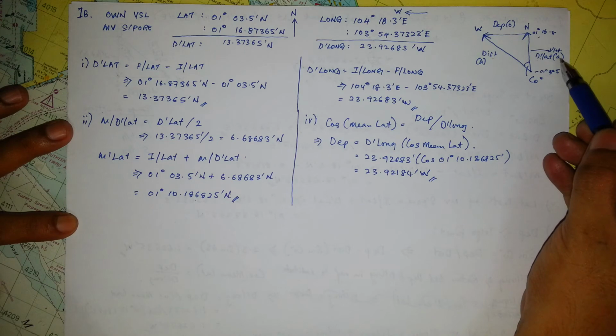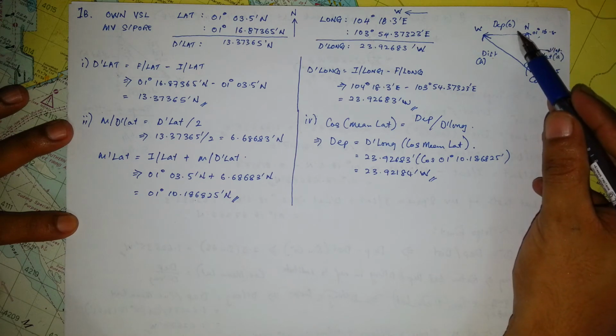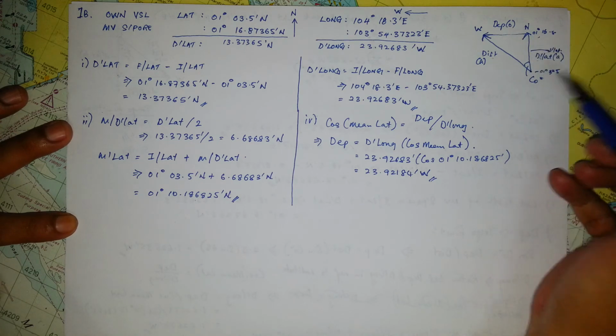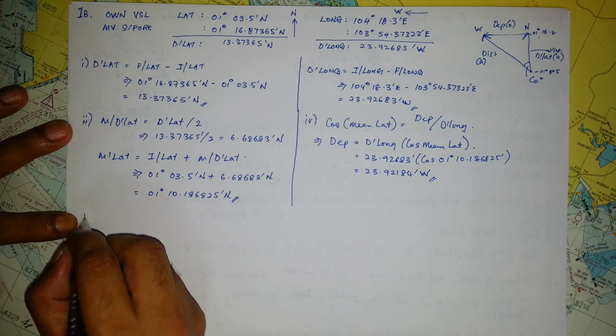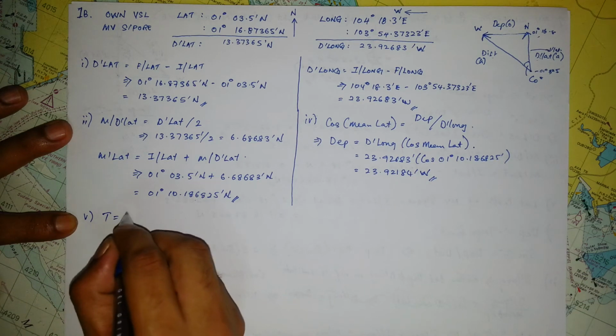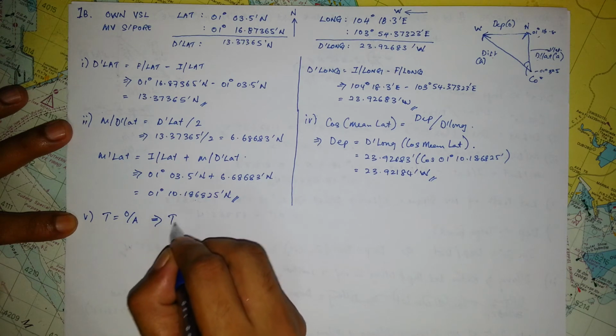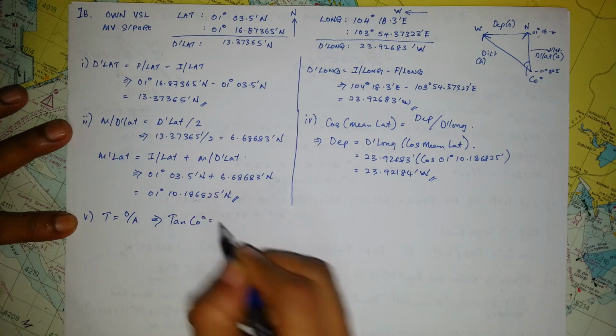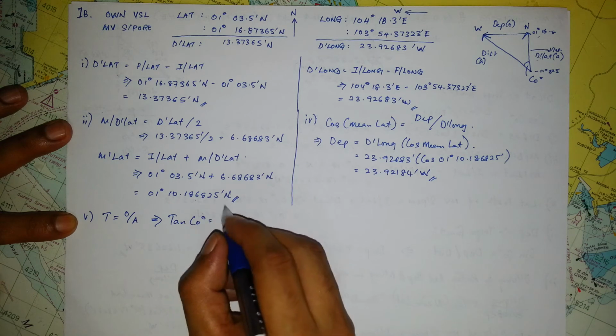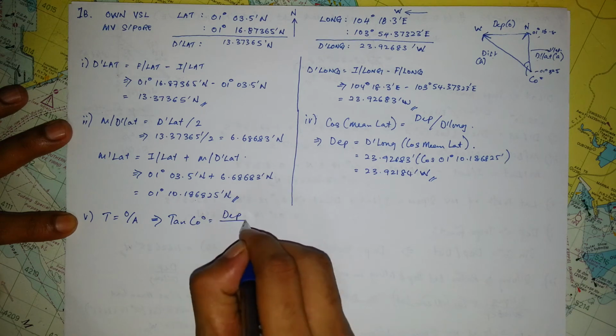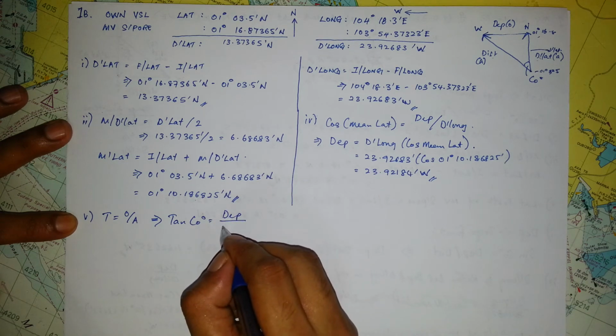We have the A and the O, so we will use tangent. Remember, tan course equals O over A, which equals opposite, the departure, divided by adjacent, the D lat.